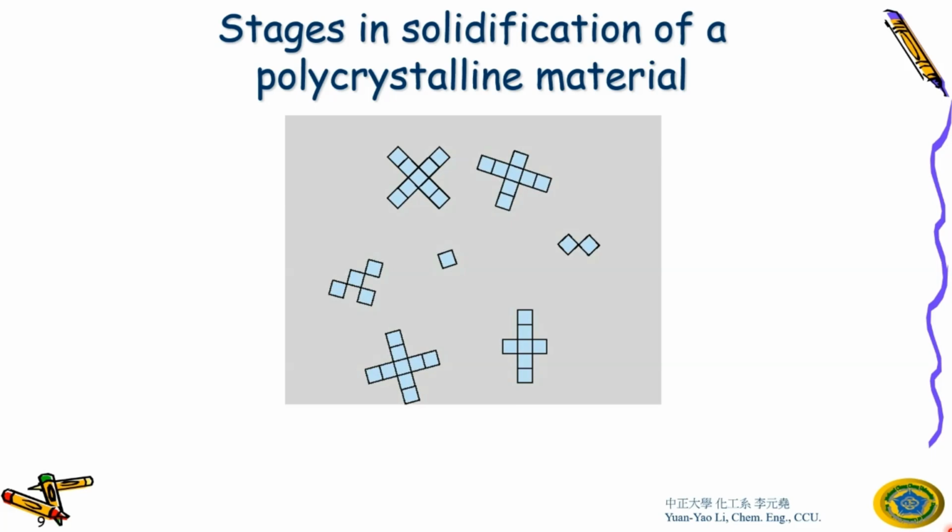And you put more and more and more. And then if it's supersaturated, the salt will start to what? To get together, and we can make it become a crystal. So this is how it looks like. Stages in solidification of a polycrystalline material.